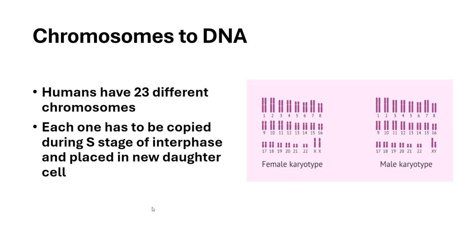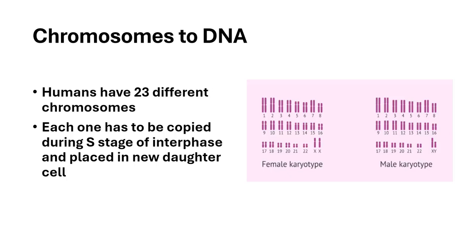So humans, right, have a lot of DNA, and that can be a little bit problematic sometimes with so many DNA molecules. So humans have what we call chromosomes, and chromosomes are basically DNA and proteins that have been condensed.